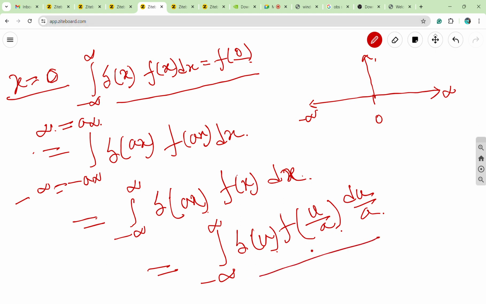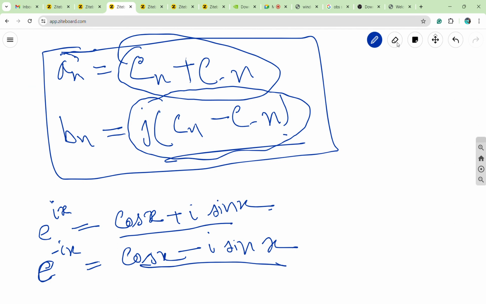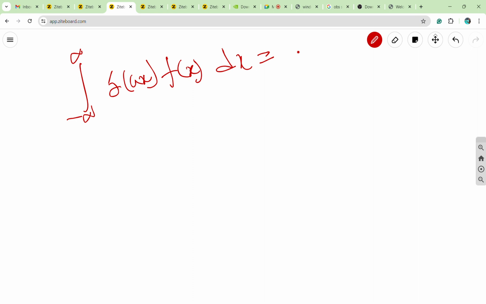So from this equation we get the integral from minus infinite to infinite of delta of ax dx is equal to 1 by mod of a, f of 0 by a.